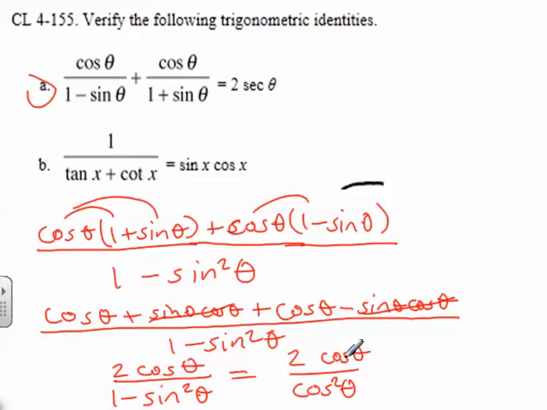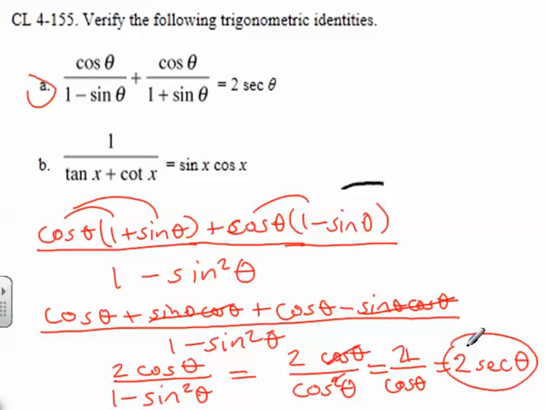I've got 2 cosines, so if I factor out that 2 and do the cosine divided by one of these cosines, I end up with 2 over cosine of theta, which is actually the same as 2 times 1 over cosine. And 2 times 1 over cosine is 2 secants. And that's exactly what we wanted.